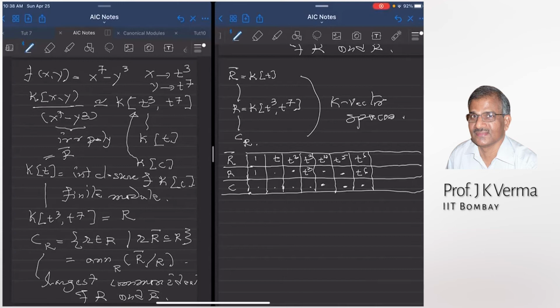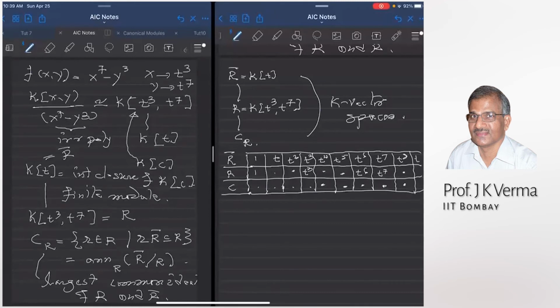Because T6 times T square is T8, and T8 is not in R. So T6 is not in the annihilator of R bar over R. T7 is very much there in R, but is T7 in the conductor? No, T8 is not there. T8 is not in R, and therefore T7 is also not in the conductor.